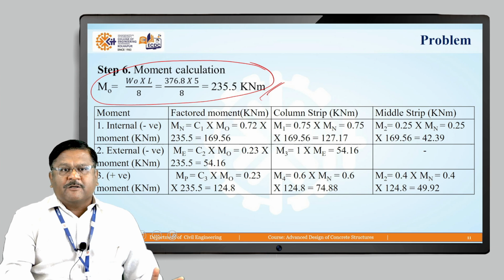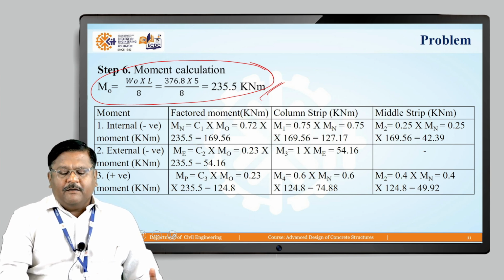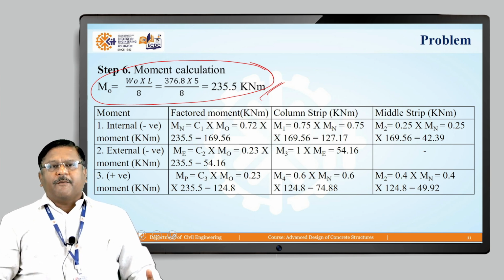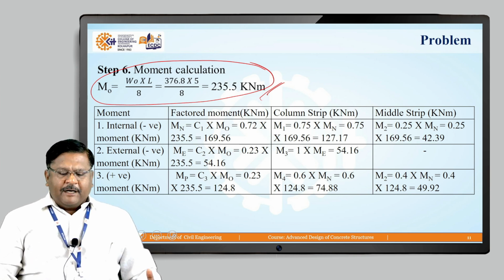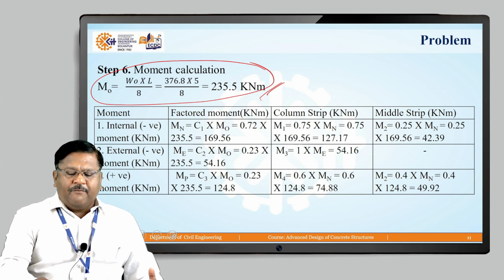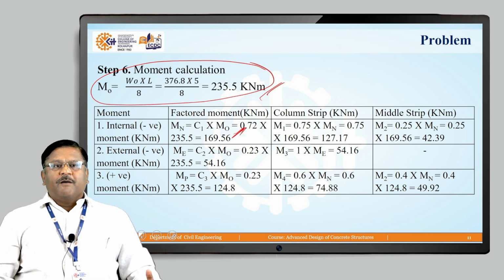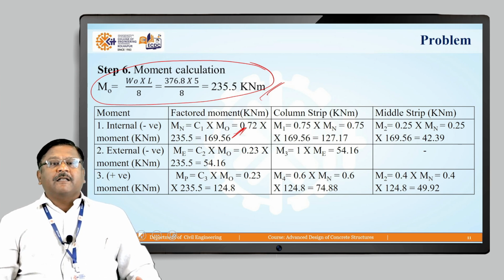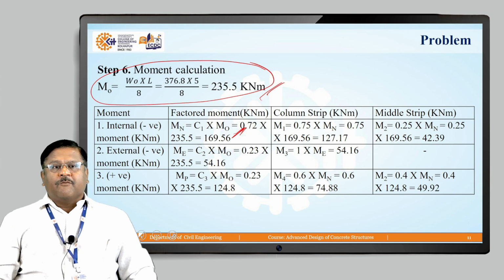C1 is the first coefficient which is calculated in the above step, into total moment, that is 0.72 into 235.5. What we get? We get the value 169.56. This is the moment which is acting on the internal negative moment, or this much moment acts in the internal panel or internal moment, negative moment.